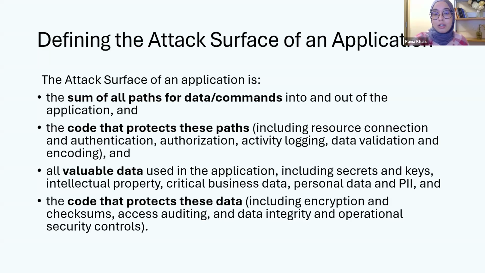So in addition, the attack surface also includes all valuable data used by the application. So this can include, let's take some examples, secrets and cryptographic keys, intellectual property, critical business data, personal data, and personally identifiable information, or PII.